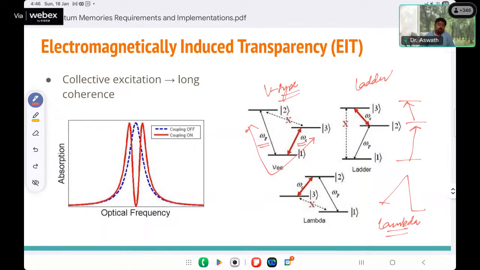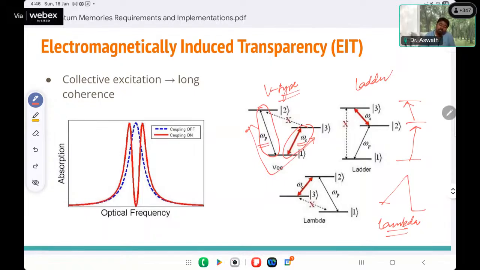If I want to check how much probe light is being absorbed, which is dictated by the coupling field omega c, it's very interesting. When I don't have a coupling field, I simply see absorption of the probe field.